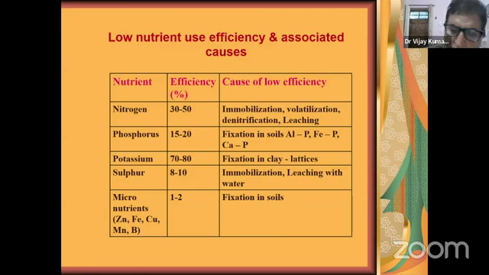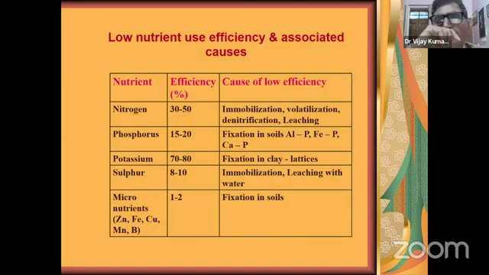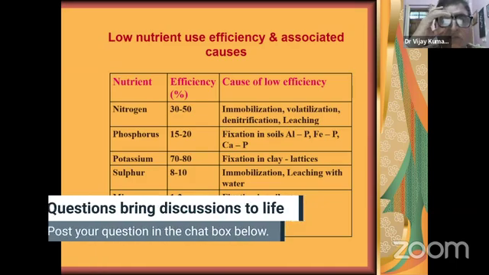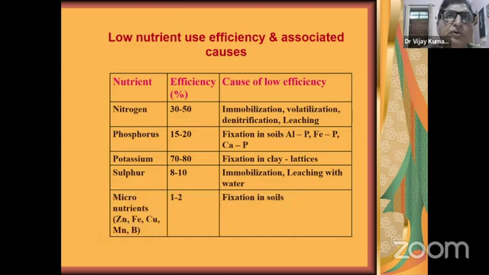So what should be done? Before this, I tell you that there should be a balanced use of fertilizer. Balanced use means timely application, the right amount of fertilizer, and the right method of fertilizer application.